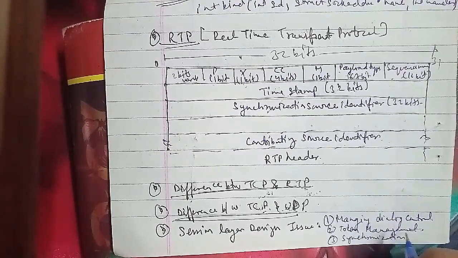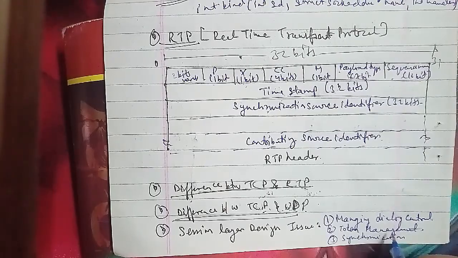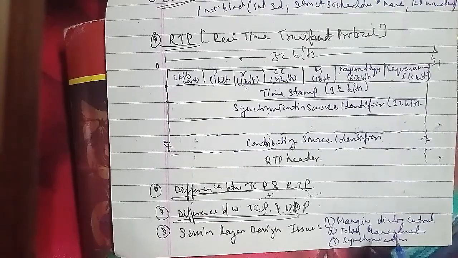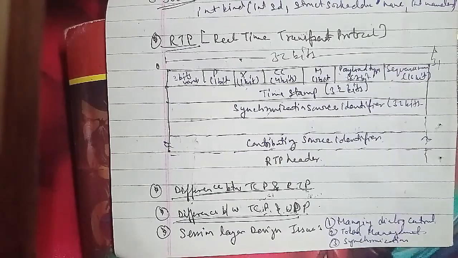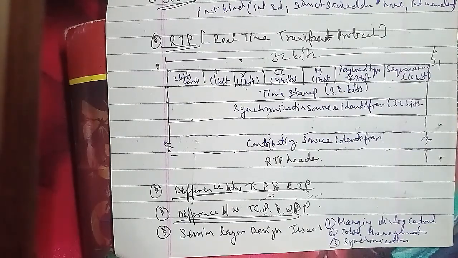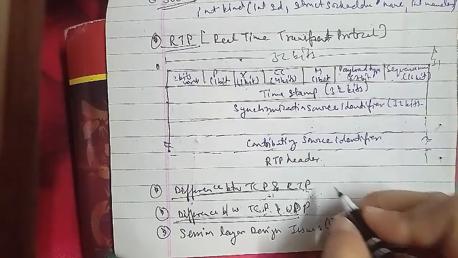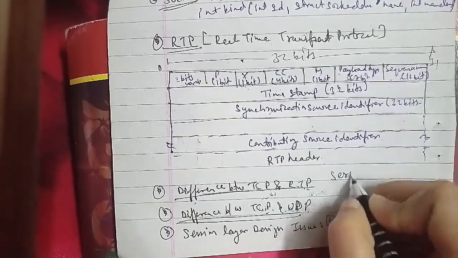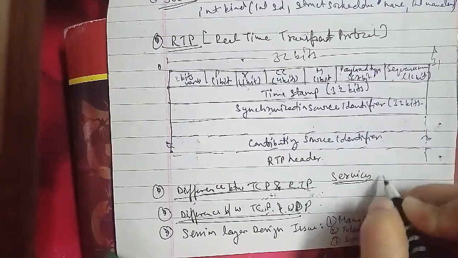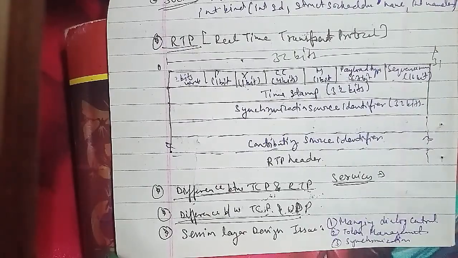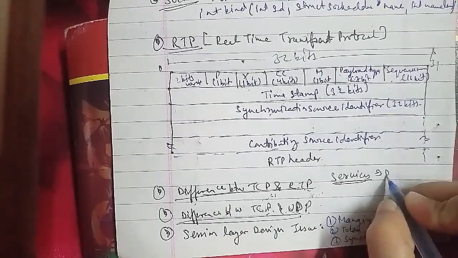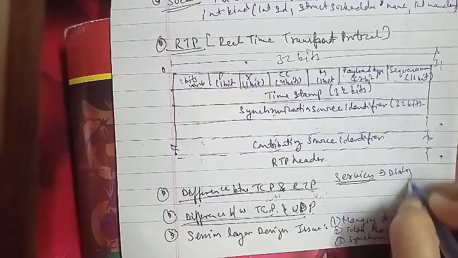Talking about the session layer, it provides the following services. On the basis of the services, we have three. The first is dialog management, which decides whose turn it is.